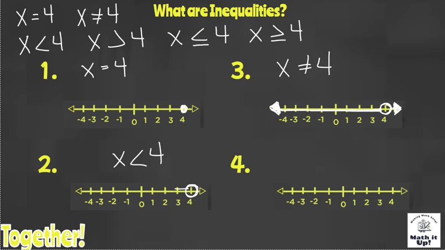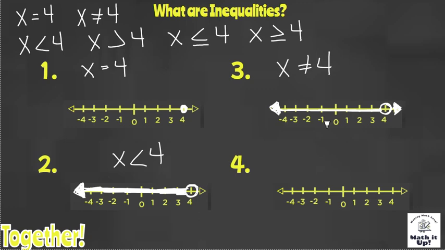But x is everything that's less than 4. So I am going to graph my line this way. And I want to remember that this keeps going. So I have to fill this in. That's part of the job, to show that it doesn't stop at 4. It keeps going forever and ever in that direction.